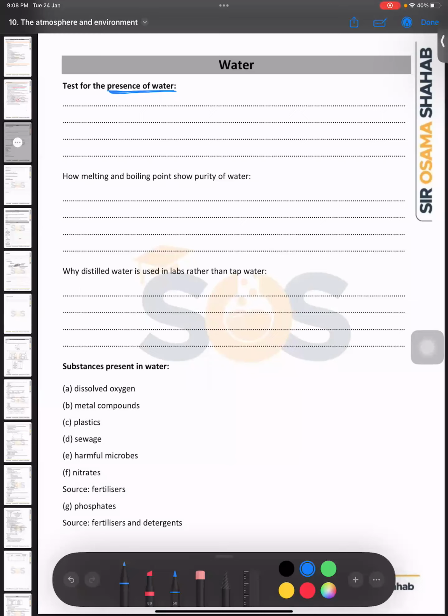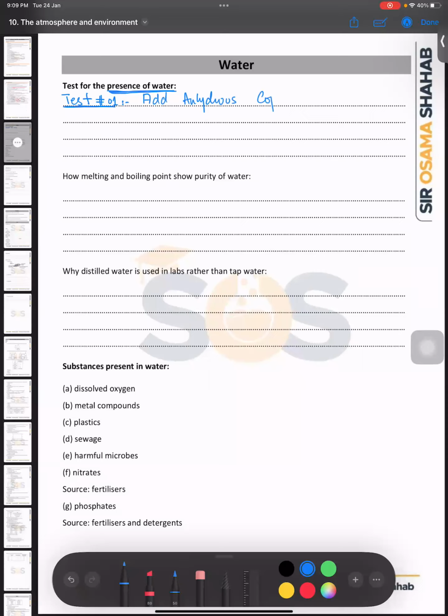So we have different tests to check the presence of water, and test number one is what? Yes, copper sulfate, but not only copper sulfate. You need to say anhydrous copper sulfate. So you can say add anhydrous copper sulfate.